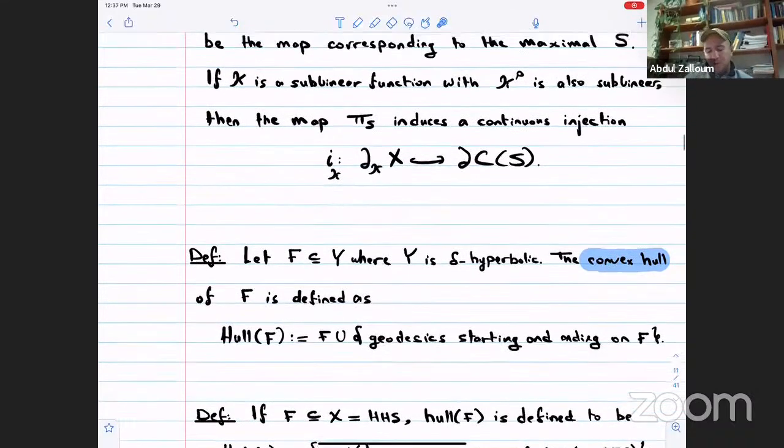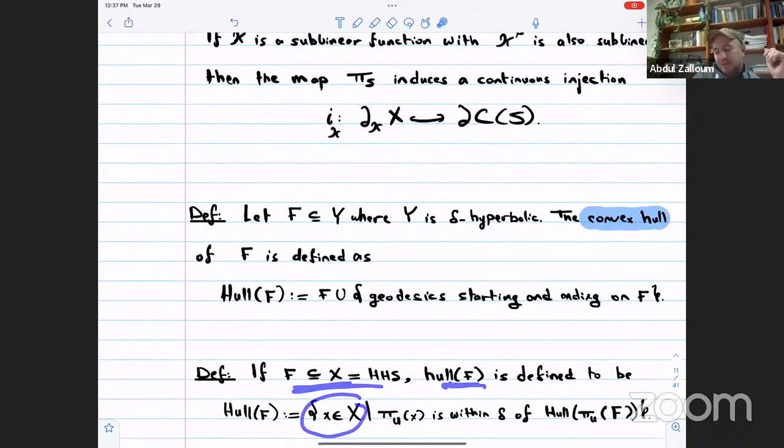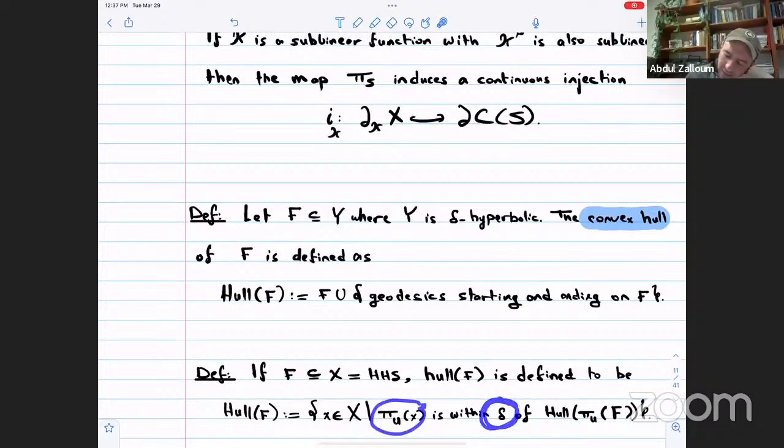Now suppose that you have a set F in an HHS. You can define the hull of F. The hull of F is defined to be all points X in the HHS whose projection to each hyperbolic space is within delta, where delta is the hyperbolicity constant of the hyperbolic space, of the hull of the projection of F in the hyperbolic space.